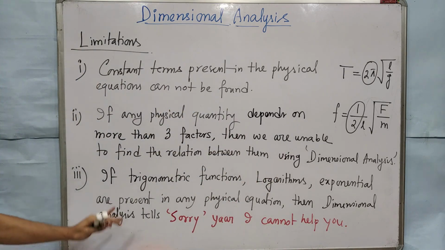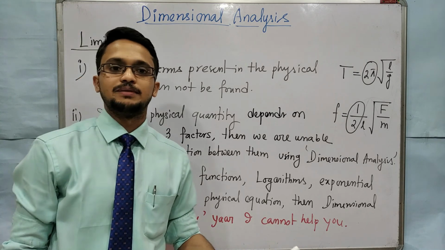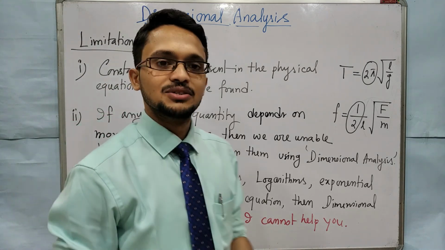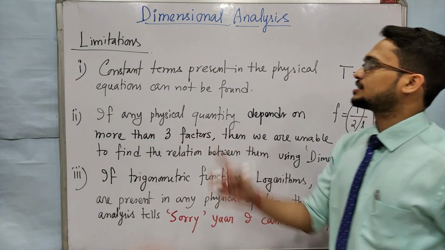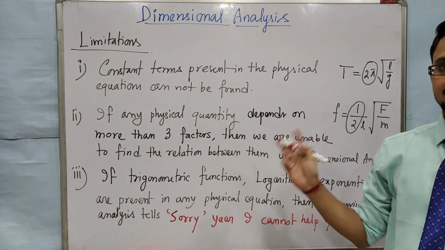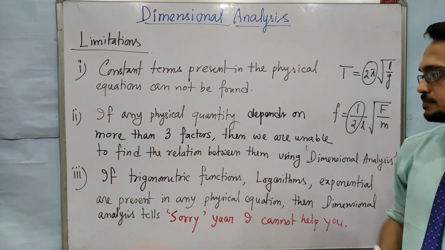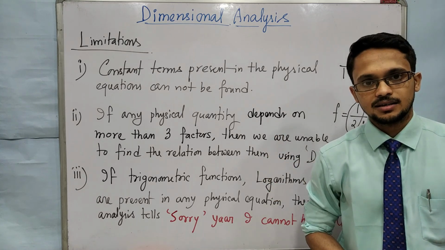Okay, then dimensional analysis tells sorry, here I cannot help you. Okay, understand? So this is our part of dimensional analysis. This is divided into 2 lectures, so watch it properly and understand it properly. Okay everyone.